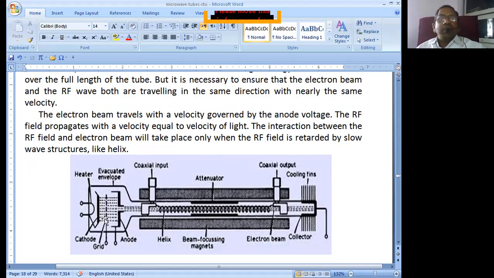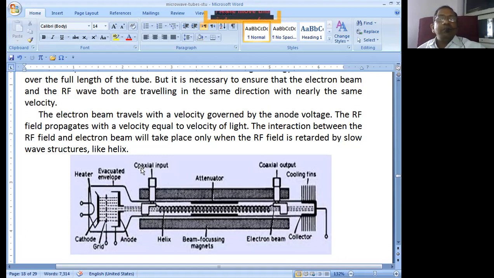Here, this is the electron beam which is coming, a bunch of many electrons, called the electron beam. It travels with a velocity governed by the anode voltage, because the anode is at a positive potential. So this anode attracts all these electrons and governs them to flow in a particular direction.